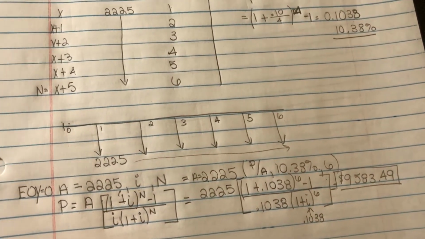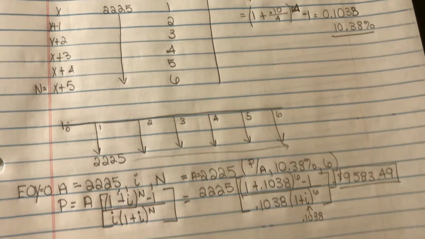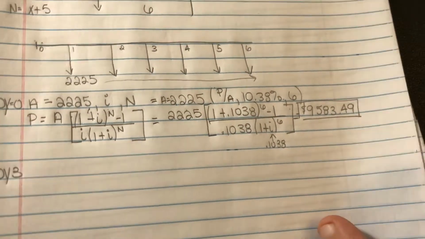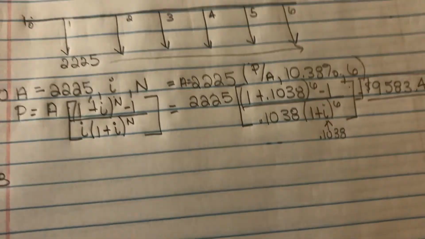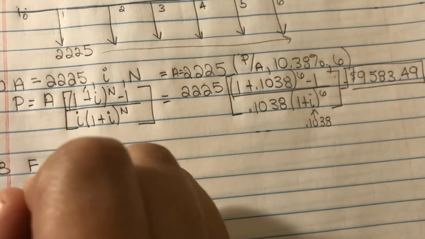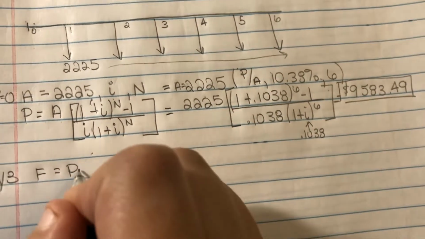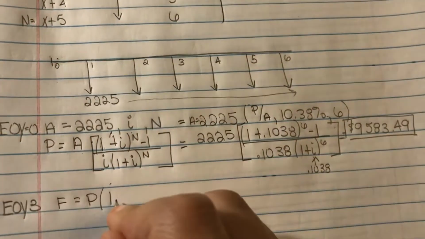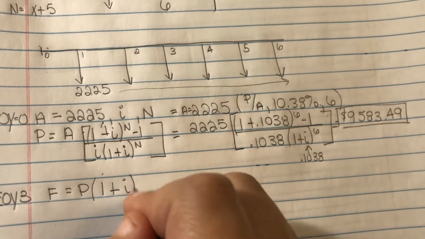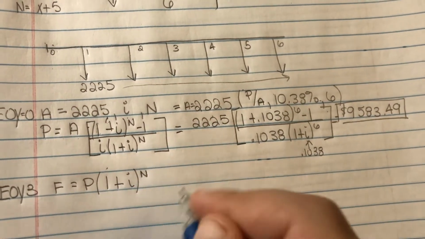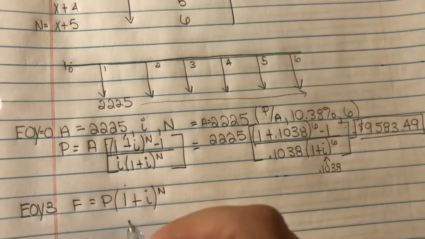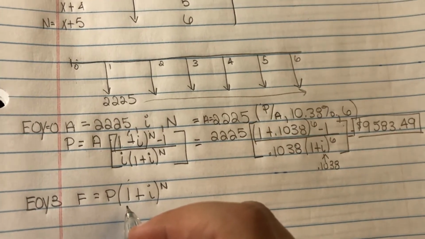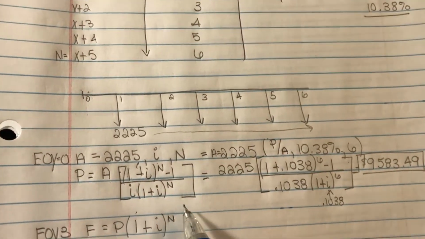And then at the end of year 3, for that one, you're going to have to use a single cash flow formula. That formula is F equals P times 1 plus the effective interest rate to the nth power. In this situation, your n value is only going to be 3.